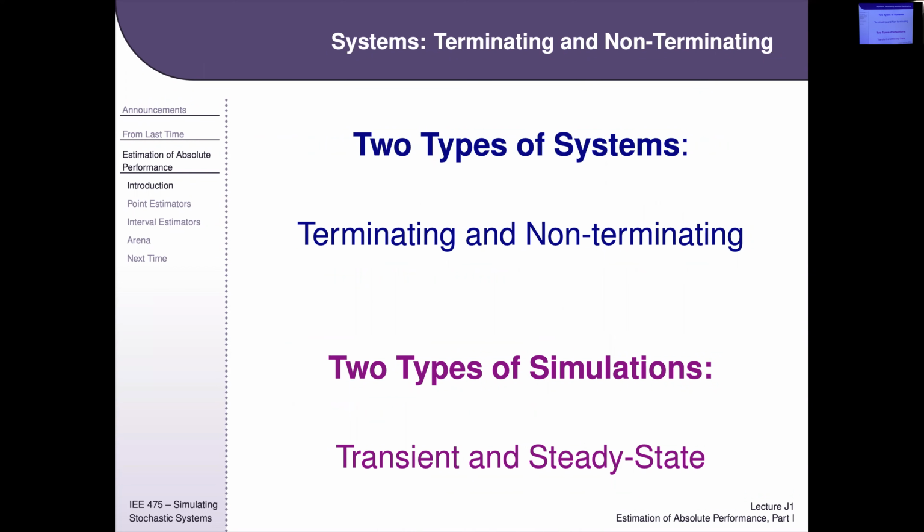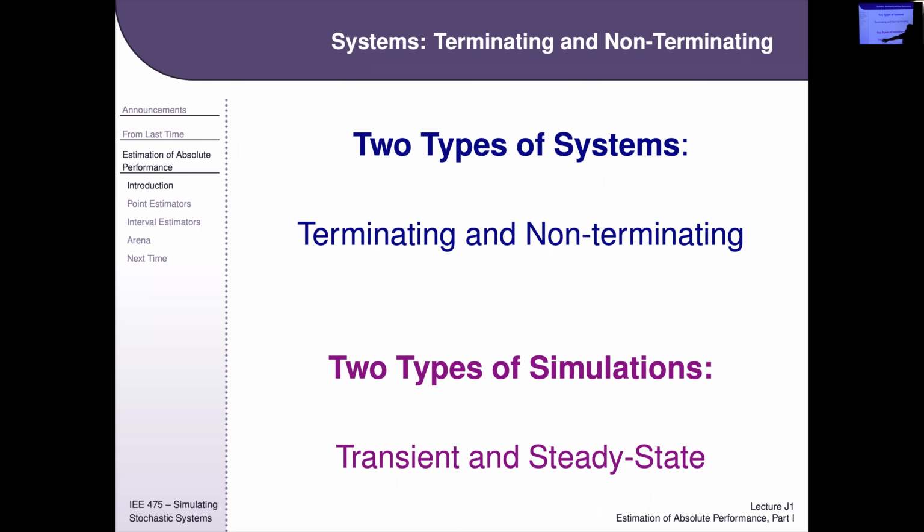We are going to introduce 2 types of systems that we're going to be simulating, terminating and non-terminating systems, and 2 types of simulations that map to those. Terminating systems, which we're going to define, are simulated by transient simulations. Non-terminating systems are simulated by steady state simulations. You'll often see these terms swapped.